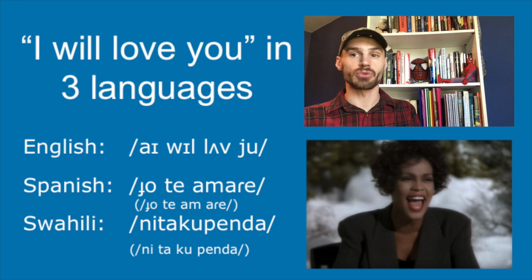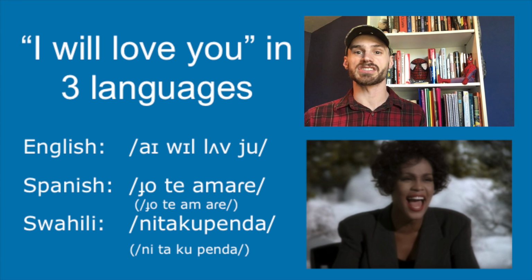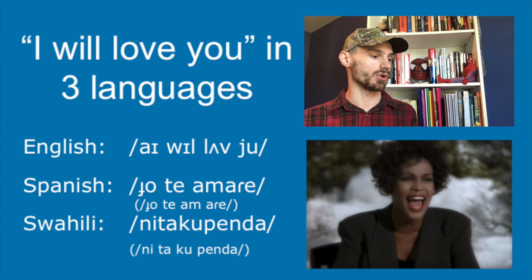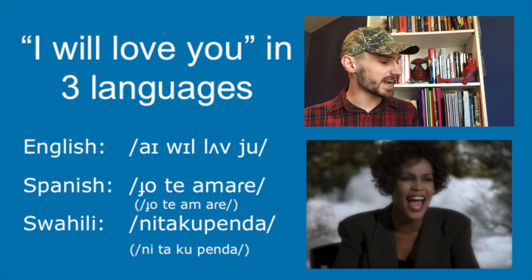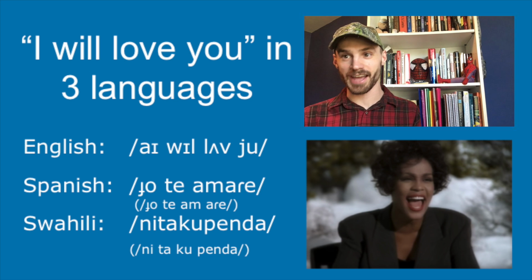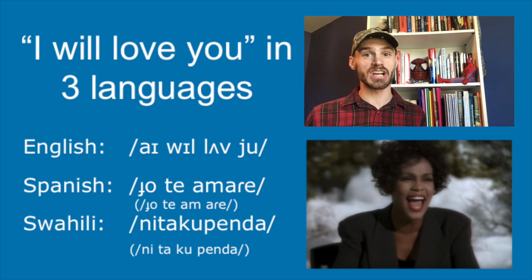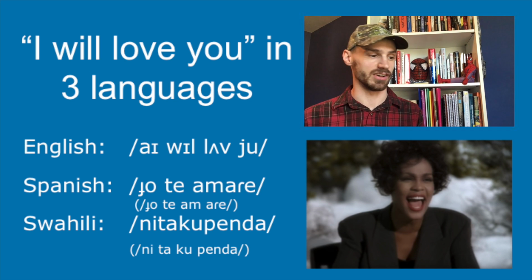And in Swahili, it gets even more interesting because in order to express the same sentiment that takes us 4 words to say, they have 1 word. So, nitakupenda. I don't know how to say that. I don't speak Swahili. But the important thing is they're still expressing all 4 of those basic meanings that we have in English.